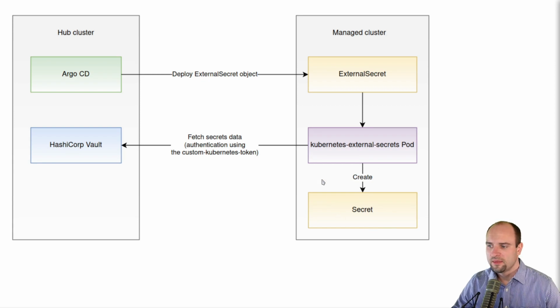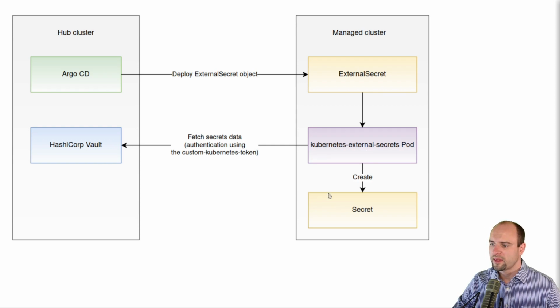So how can Kubernetes External Secrets just reach out to HashiCorp Vault and retrieve any secret data they need? Well, before Kubernetes External Secrets can read any data from Vault, they have to be authenticated and also authorized. In regards to authentication, Kubernetes External Secrets currently only supports one authentication mechanism against HashiCorp Vault, and that's the Kubernetes authentication method.